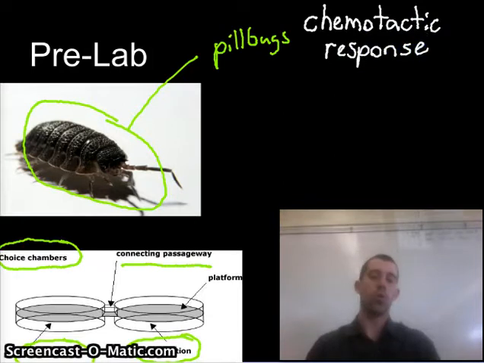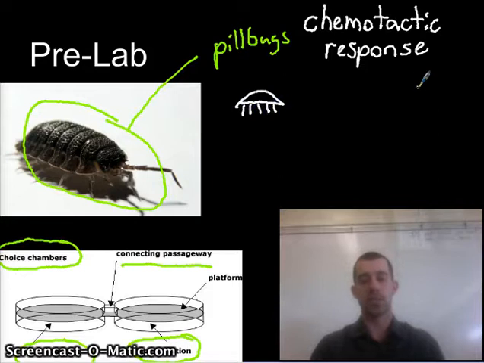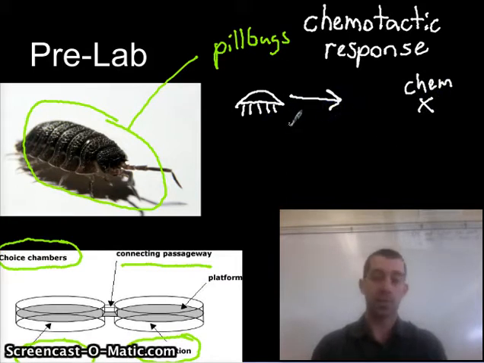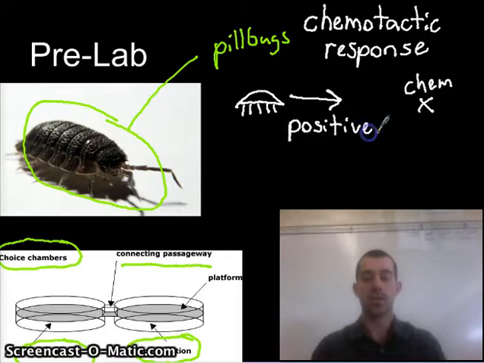Okay, so organisms that like a chemical, let's say it's little pill bugs like this, and they are attracted to chemical X. When they are attracted to that chemical, we say that they have a positive chemotactic response, and that might be like butterflies that are attracted to nectar, because that's where they get their food.